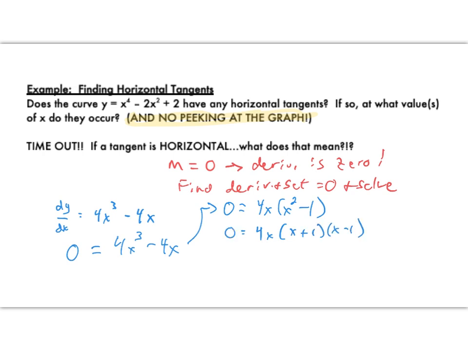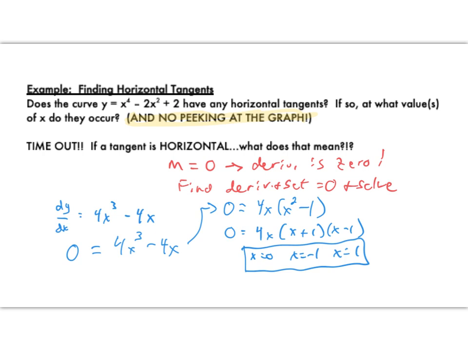Now this is fully factored, so we can solve this super fast, as we all know from our zero product property, because if something times another something is 0, then one of these three things had better be 0 in order for that statement to be true. So either x is 0, x is -1, or x is 1. Those are the locations of the horizontal tangents.